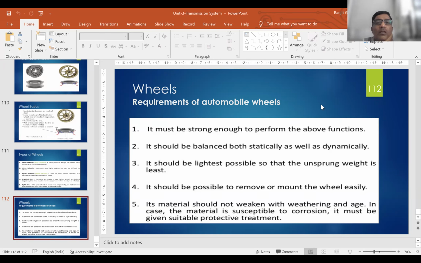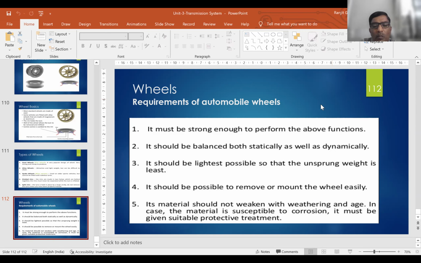This is another arrangement. Here you can see the steering wheel, the steering shaft, the steering gearbox, the cross shaft, the tie rod, and the knuckle, where the wheel will be mounted.